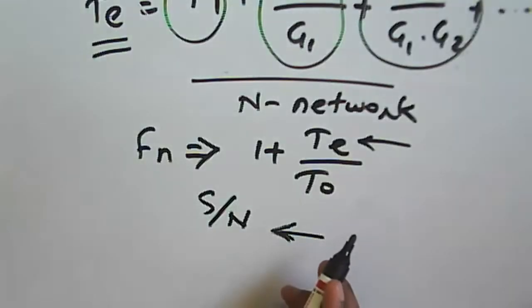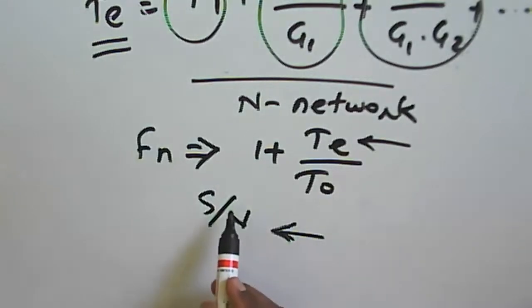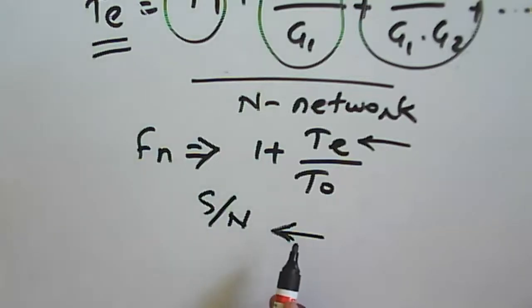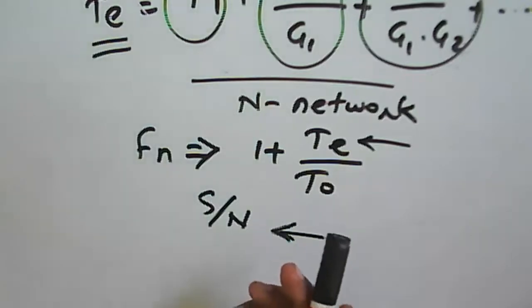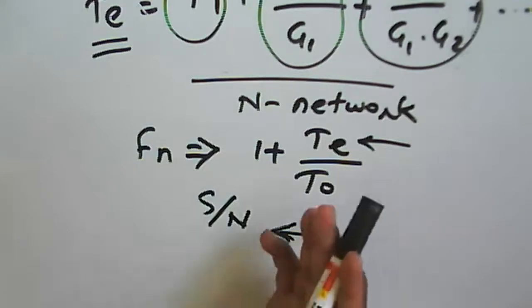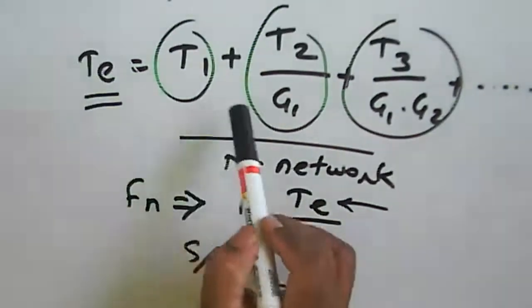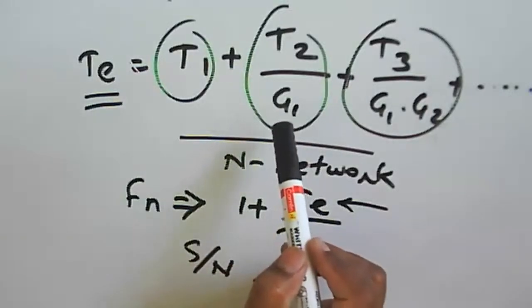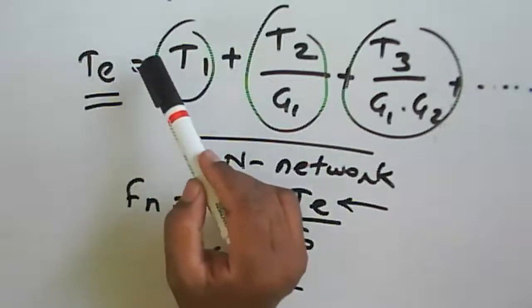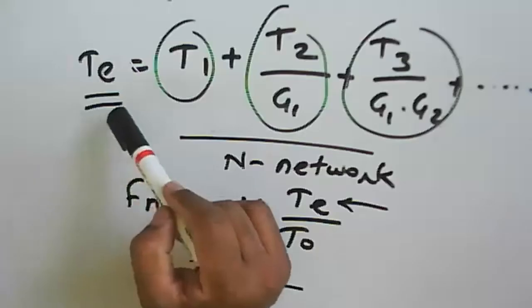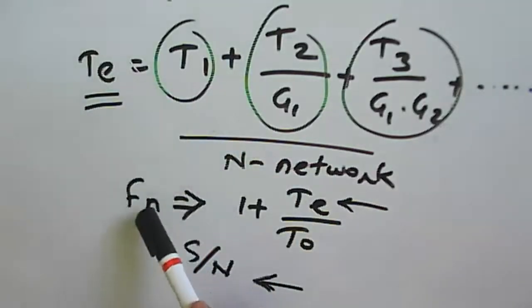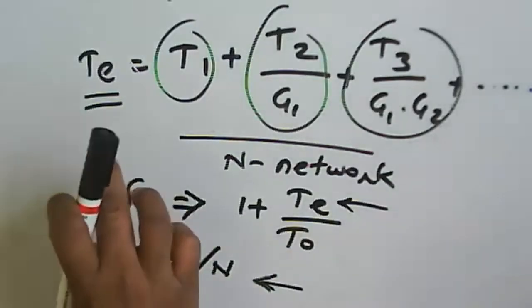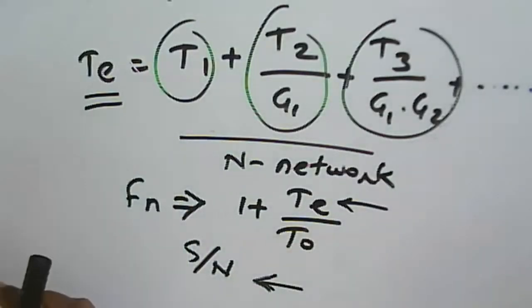For an effective or good receiver, the noise has to be reduced. We need to measure the various sources of noise present in the receiver, and we need to suppress the noise by various techniques. Here we can increase the gain of each and every component so that we can suppress the system noise temperature, or the effective noise temperature, so that the noise figure, which we consider a figure of merit, will be improved.